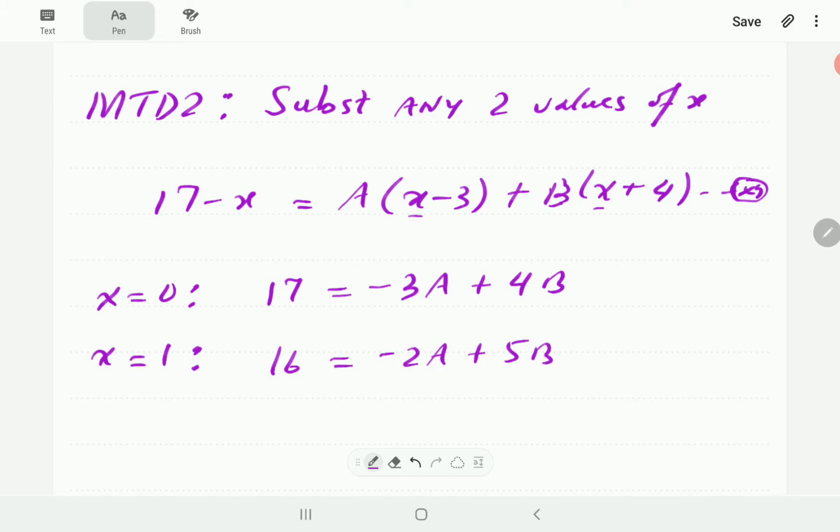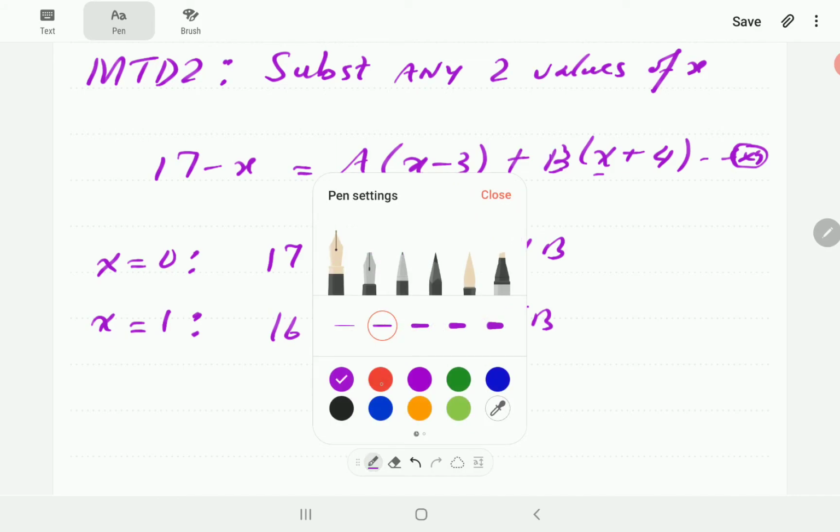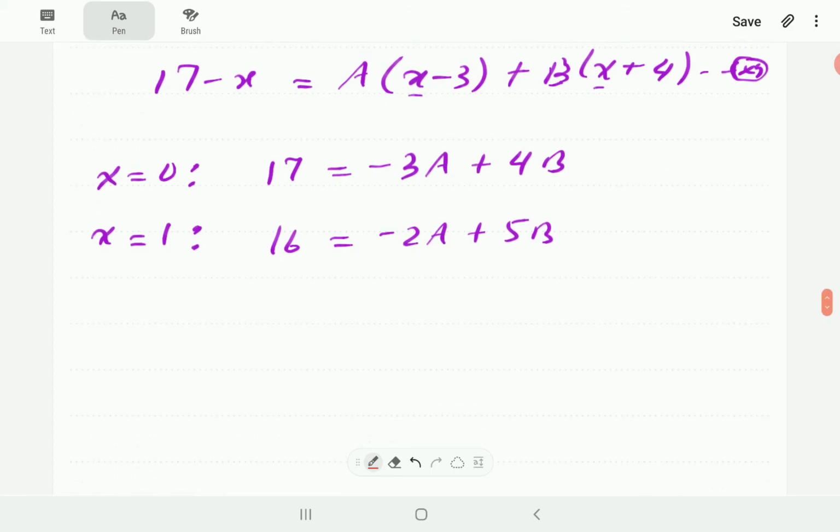Okay, now this time if we multiply the first equation by 2 and then multiply the second equation by 3, then these two will match up.